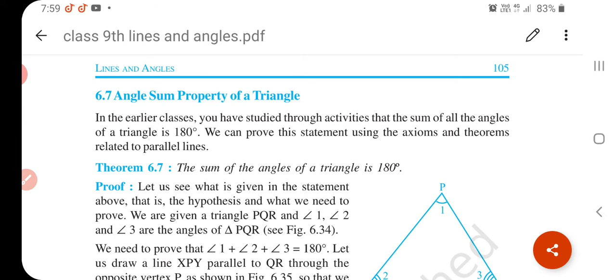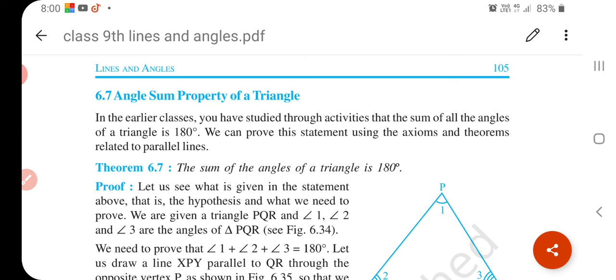If a transversal intersects two parallel lines, then each pair of corresponding angles is equal. And if a transversal intersects two parallel lines, then each pair of alternate interior angles is equal. Next, if a transversal intersects two parallel lines, then each pair of interior angles on the same side of the transversal is supplementary. Okay, these are our theorems.